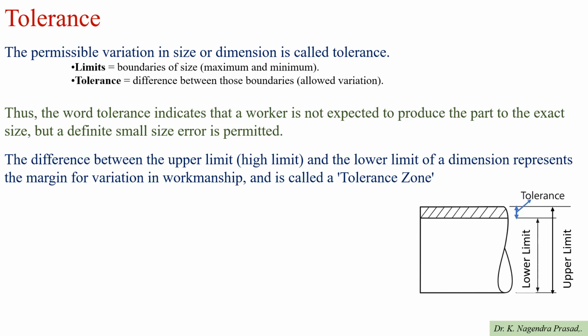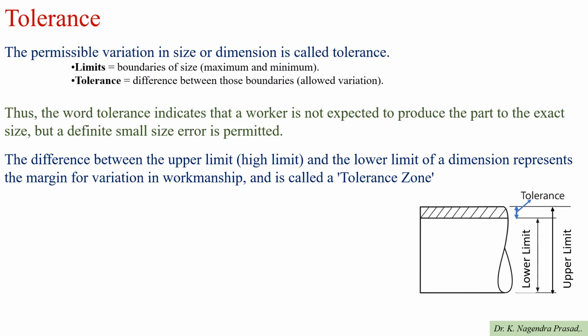The difference between the upper limit and the lower limit of a dimension represents the margin for variation in workmanship and is called the tolerance zone. So let's see the diagram. Here the shaft has an upper limit as well as a lower limit.